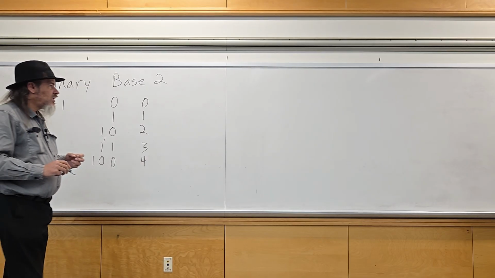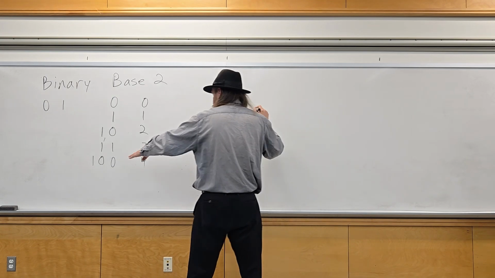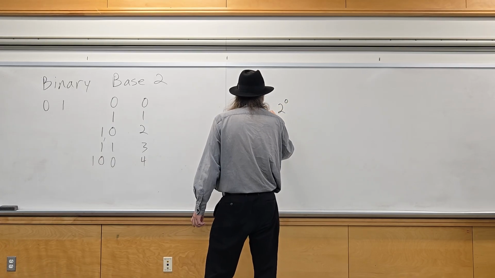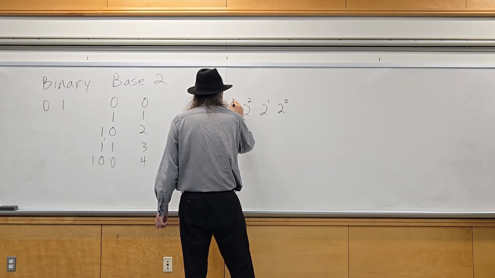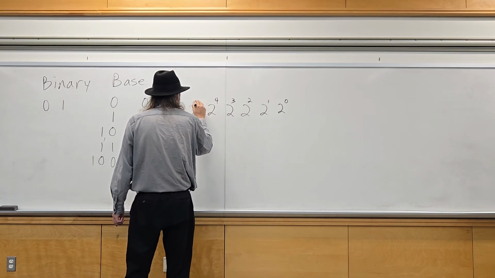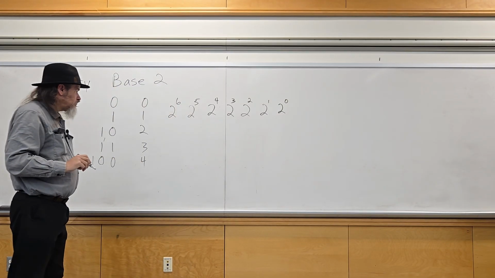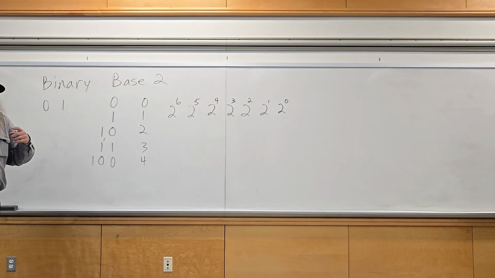So the value of each digit, each position, is going to be 2 to increasing powers, like so, where each position in decimal is valued at powers of 10.